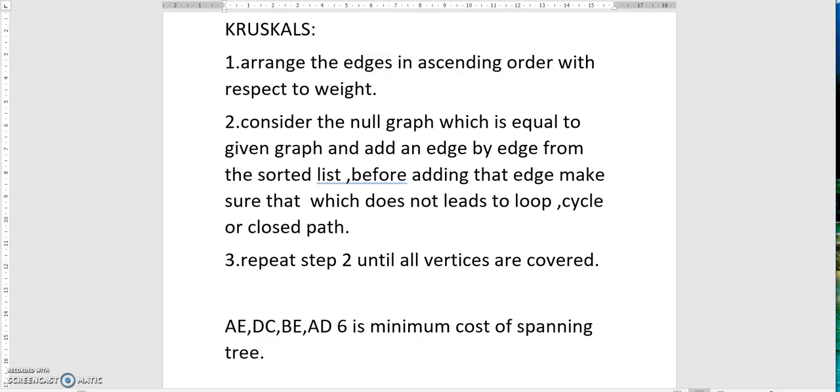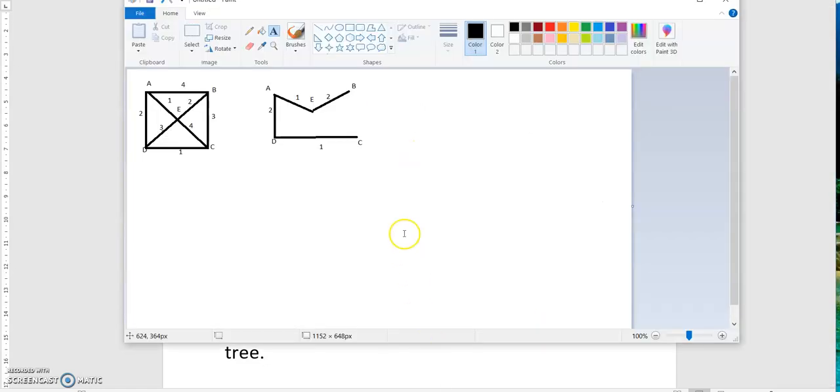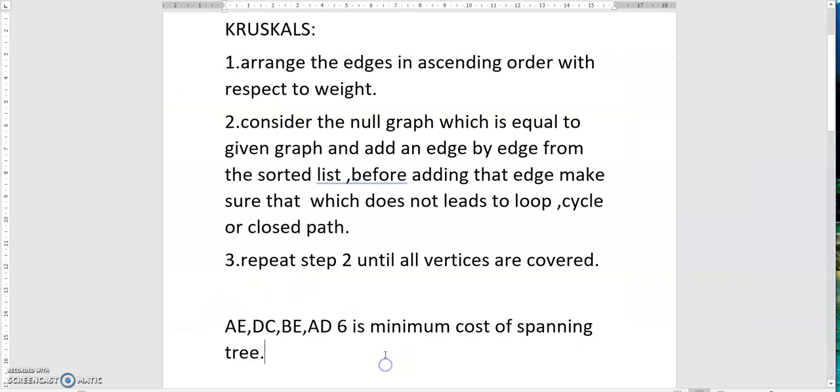This is the way we find the minimum cost of a spanning tree using Kruskal's algorithm. First, take a null graph for the given graph, then arrange the edges in ascending order. Using that order, we add each and every edge, but it must not lead to a loop or closed path. Okay, thank you. This is the way you find minimum cost using Kruskal's.